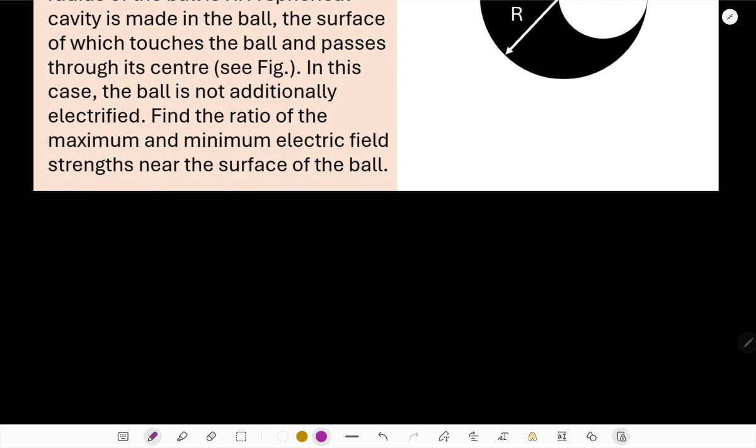And what I'm trying to tell you is that you can look at this picture and say this is the solid ball, and this is a solid ball with a cavity, and the cavity is like this. Yeah, this is the picture we have got.